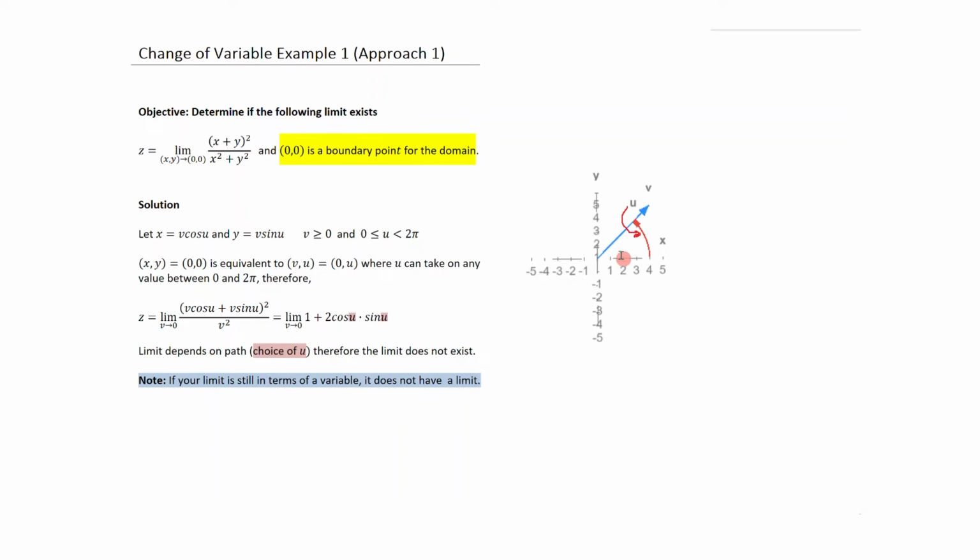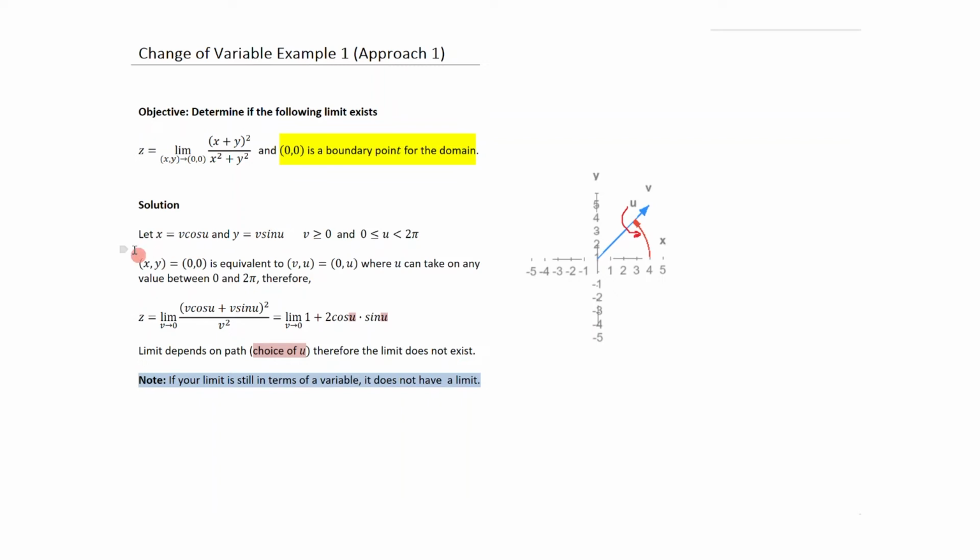And u is taken to be an angle, either in radians or in degrees, in a counterclockwise direction. For instance, this would be an example of 45 degrees or pi over 4. And this only can sweep once around, from 0 to 2 pi, to do essentially a 1-to-1 and onto mapping.